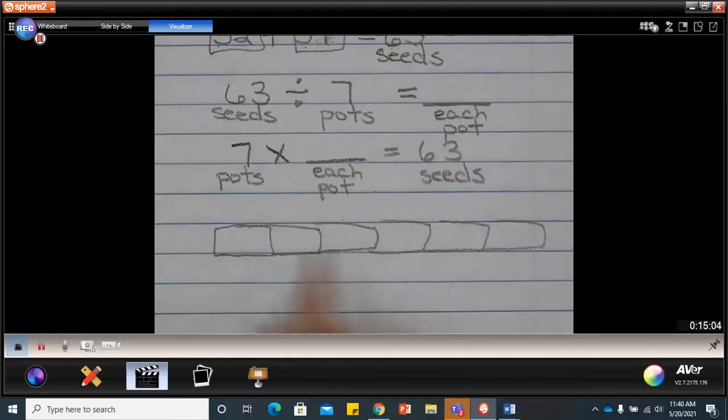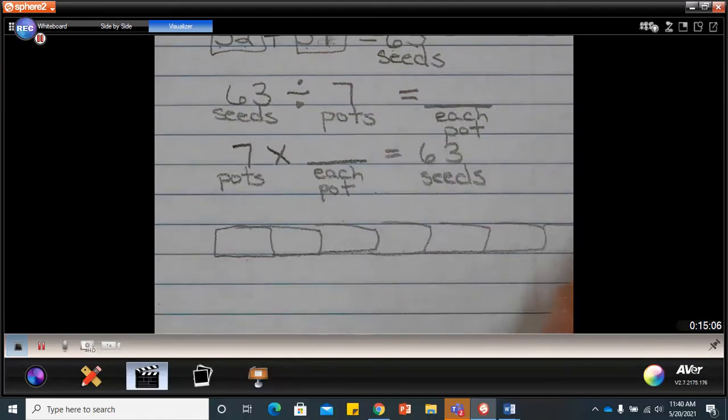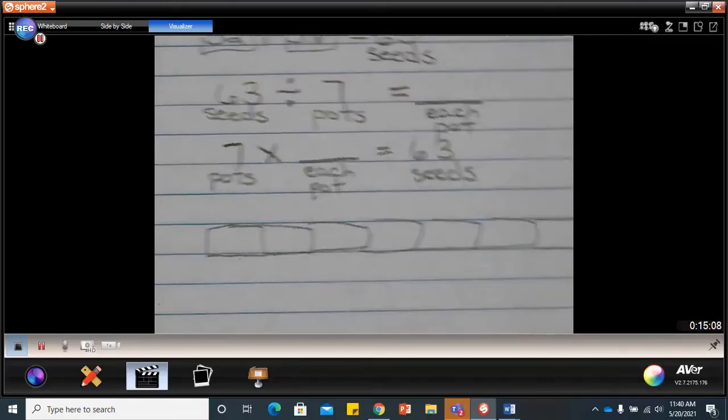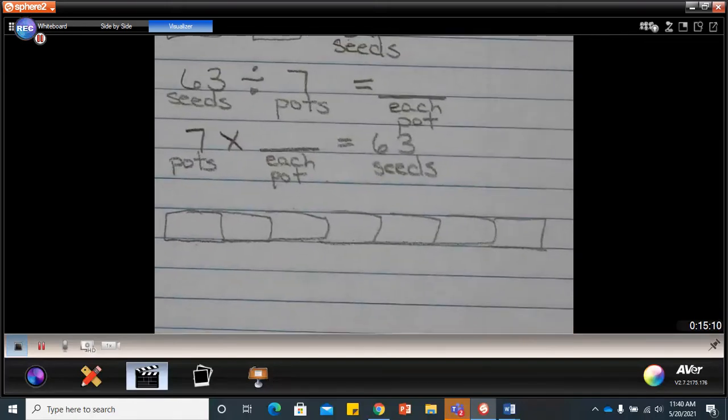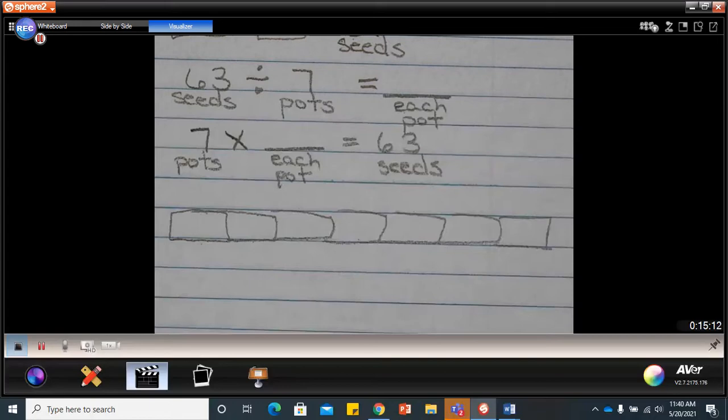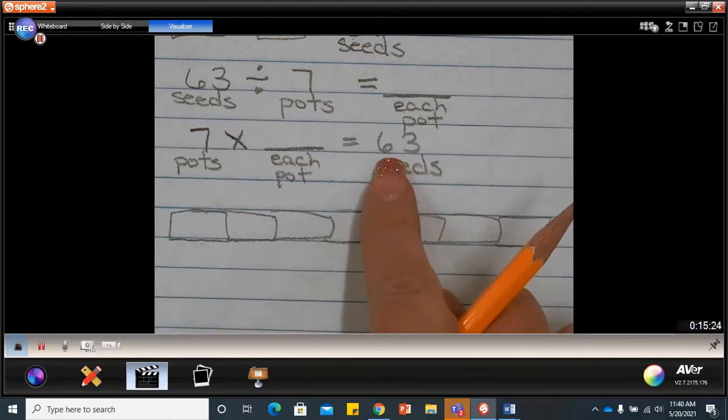So I have 1, 2, 3, 4, 5, 6, 7. And if I have 7 groups and I start sharing these into equal groups, well, I could start by using 5 groups of 7 or 7 groups of 5. And 7 groups of 5 is 35. Well, that's not 63.